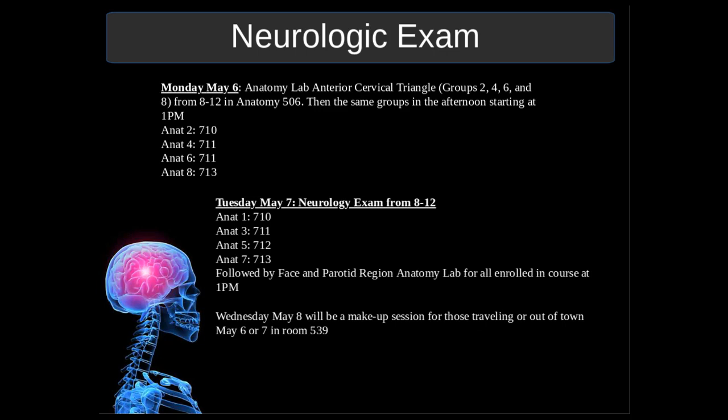The Tuesday neurology exam is going to be in the morning with anatomy groups, the odd number groups 1, 3, 5, and 7 in those specific rooms listed here. And then in the afternoon, you're going to go back to the anatomy lab for the face and the parotid region. And then Wednesday, May 8th, is the makeup session.